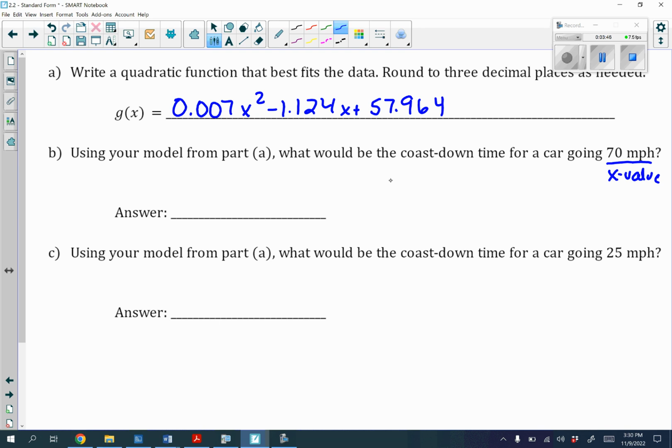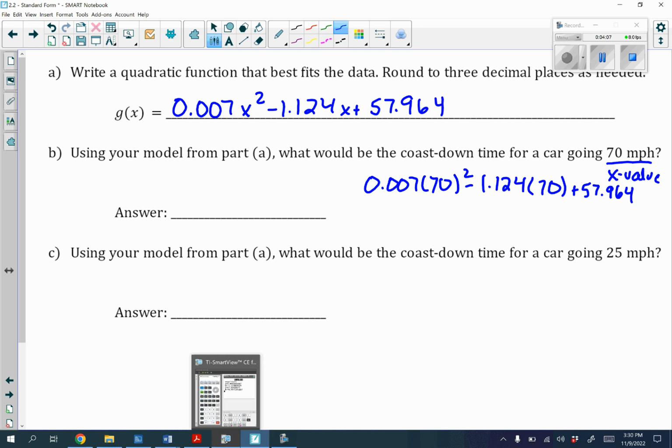Plugging that in, I have 0.007 times 70 squared, because every place I see x, I'm going to plug in 70, minus 1.124 times 70, plus 57.964. All you have to do is take this whole thing and plug it into your calculator.